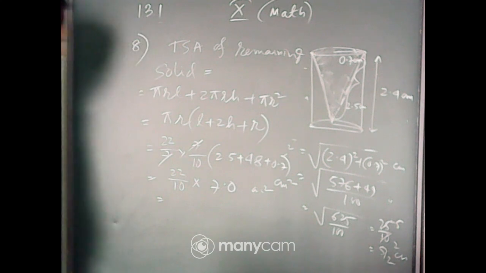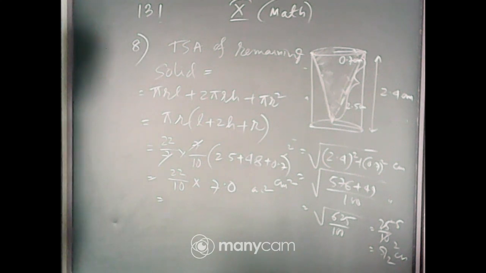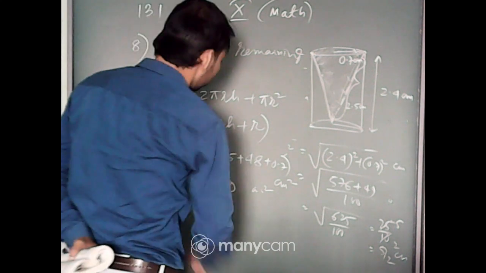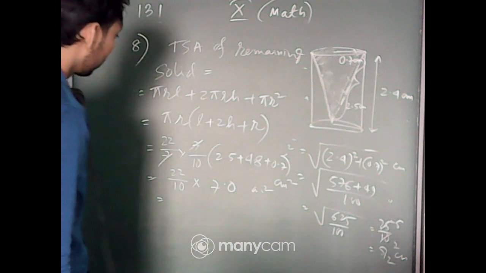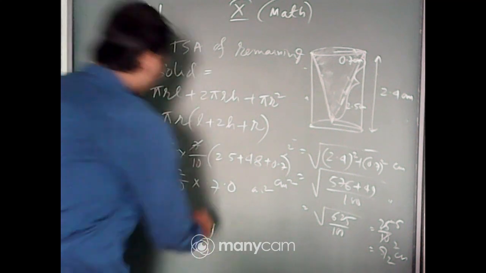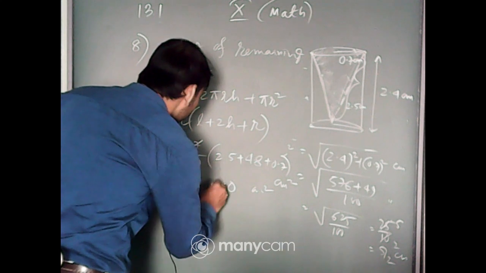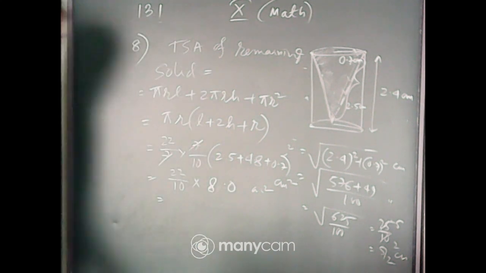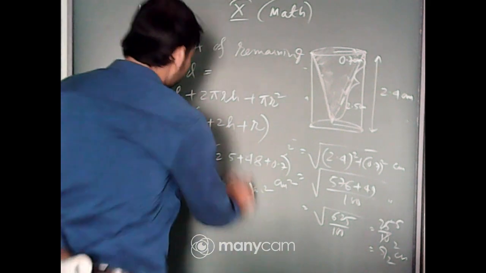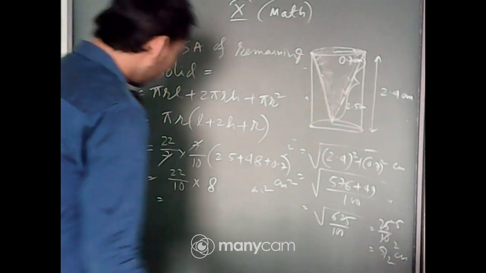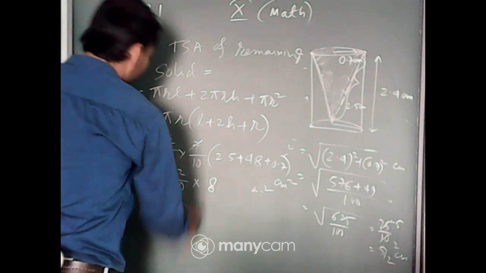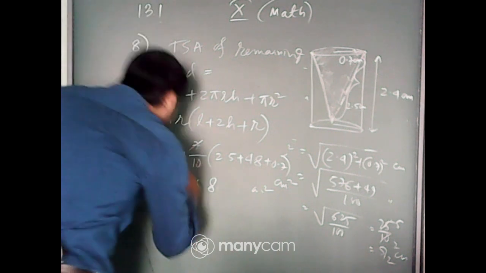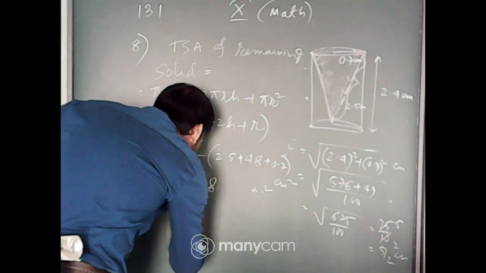Do it correctly, it is 7 or 8, the value. It will be 8.08, it will give you 8. So 22 into 8. Do it correctly, the calculation portion. 22 by 10 into 8, so it will be 176 by 10.